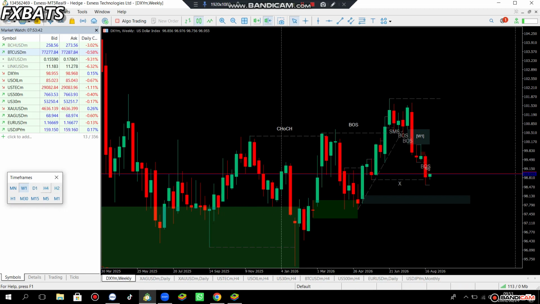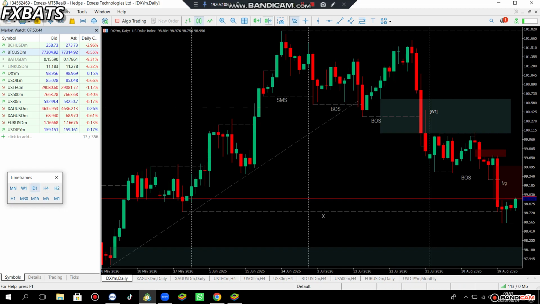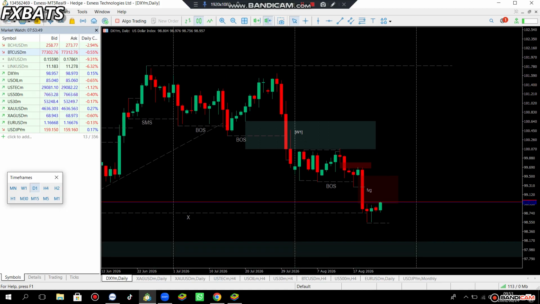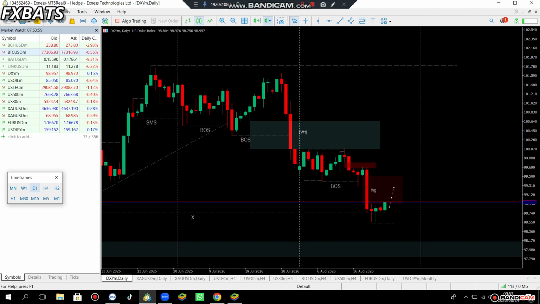When we come to the daily, like we said last week, we were expecting price to continue dropping downside. So this is the context area that I have on the daily. I'm waiting for price to mitigate, as it's doing, towards this area. This is the daily bearish fair value gap.